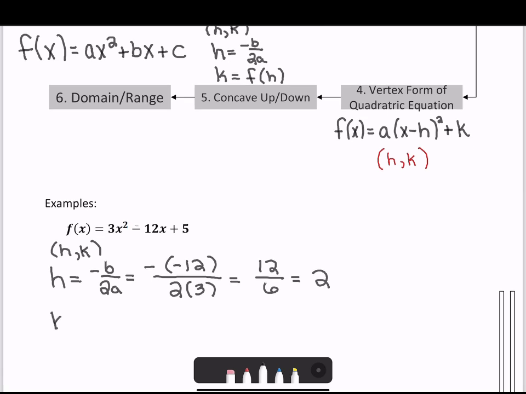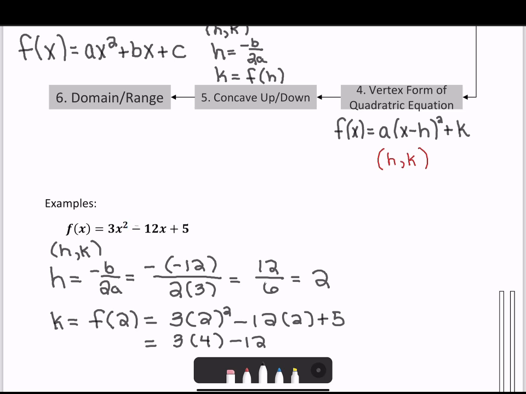I have k, f of the value that I found, which was 2. And so that means I want to plug in 2 for all of my x's. Okay, and then I'm cleaning this up. That'll be 2 squared is 4. 4 times 3 is 12. Let me just write this out. Since it's a video, might as well write it all the way out.